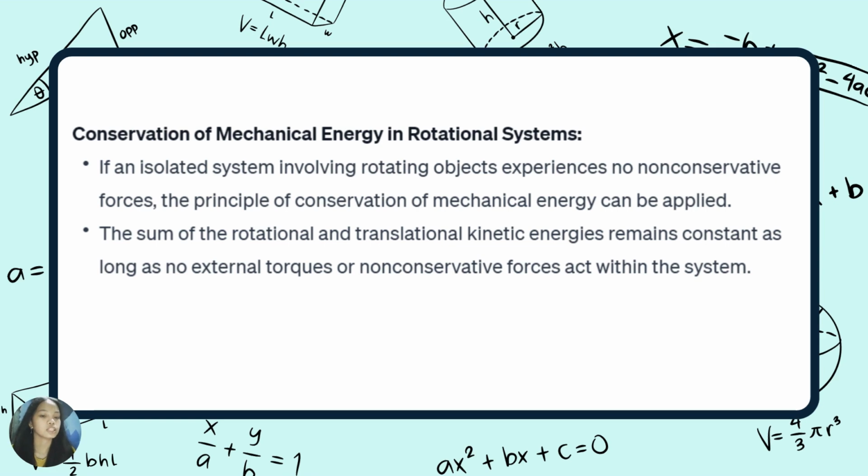If an isolated system involving rotating objects experiences no non-conservative forces, the principle of conservation of mechanical energy can be applied. The sum of the rotational and translational kinetic energies remains constant as long as no external torque or non-conservative forces act within the system.